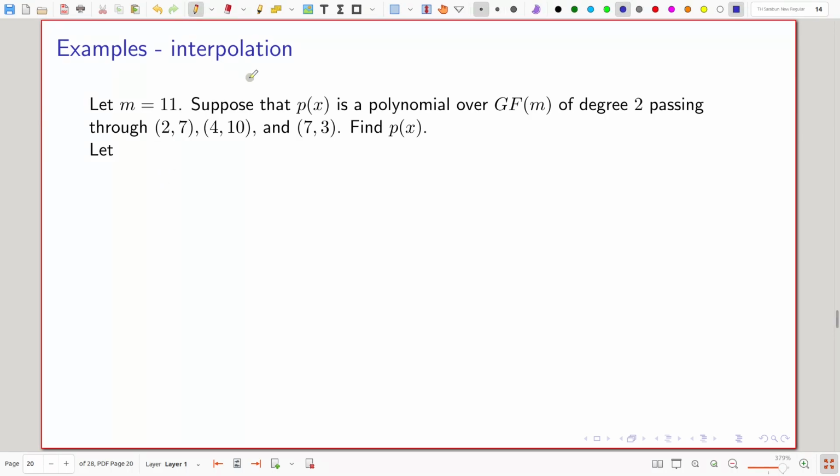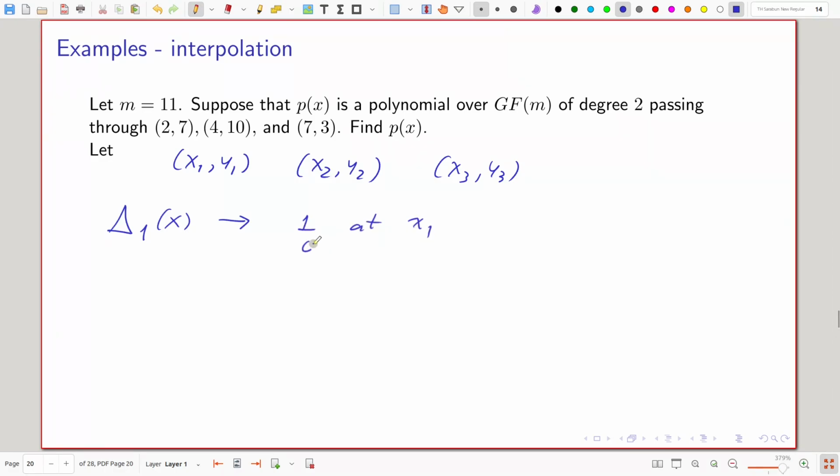Do the interpolation of your own points. So suppose your points are x1, y1, x2, y2, x3, y3. Okay. So you want delta 1 to be 1 at x1 and 0 at x2 and x3. Right?